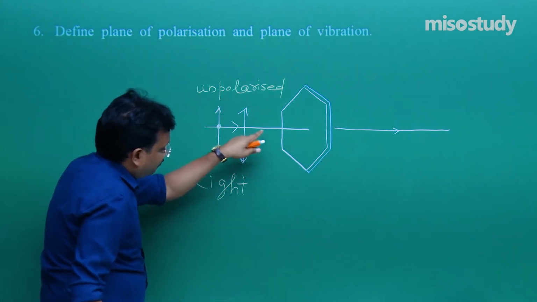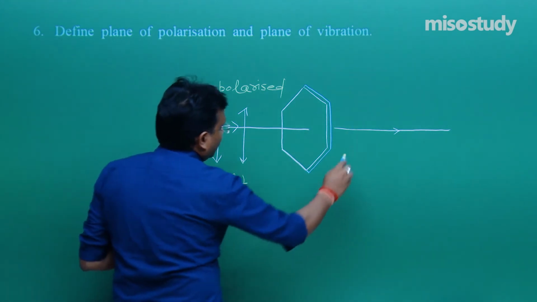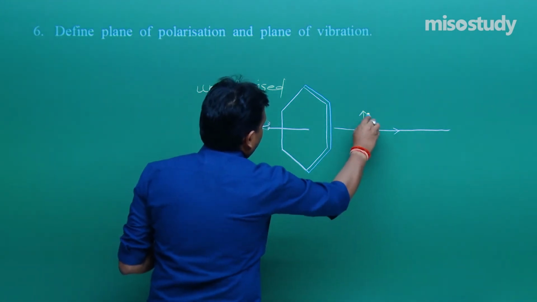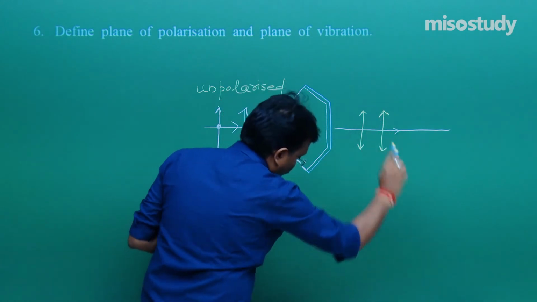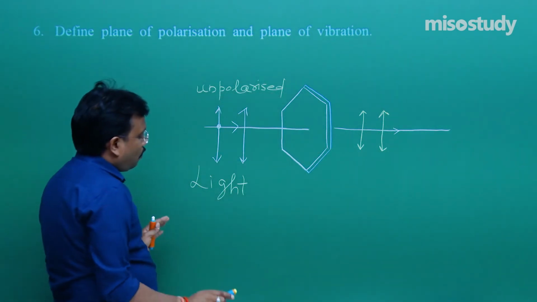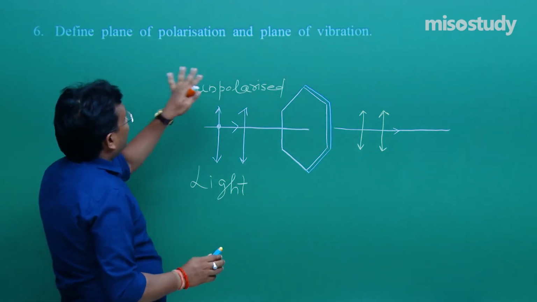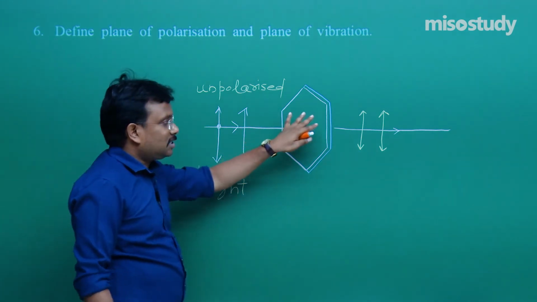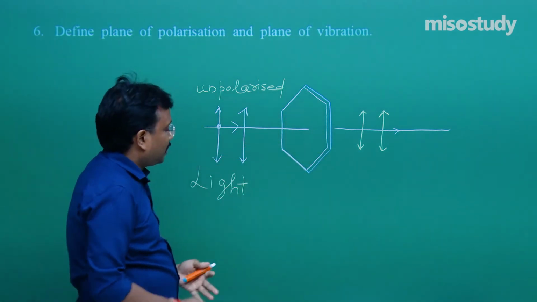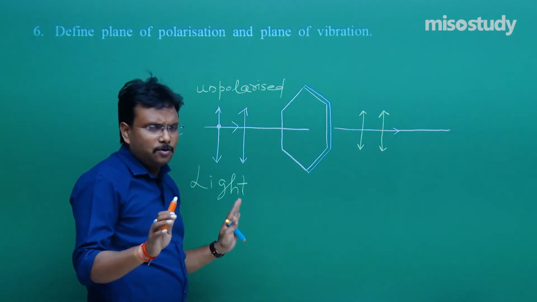This one. Now, if this light is entering over here, then obviously it is plane polarized. So, now how you can show exactly the plane of vibration and plane of polarization in this particular diagram. Wordings are fine, you can do that.